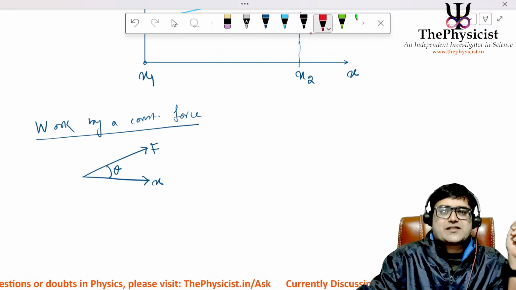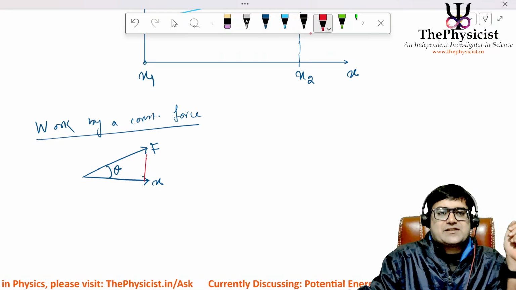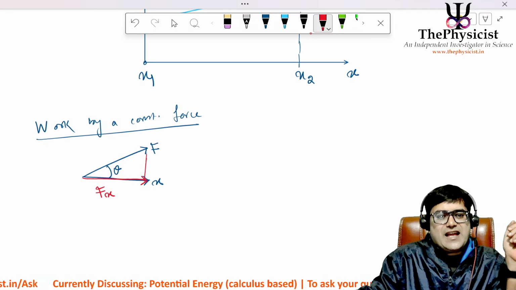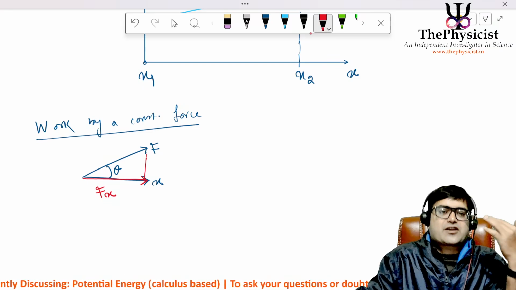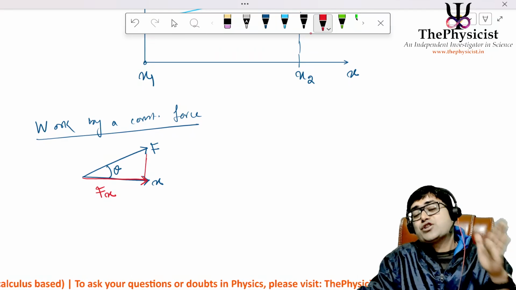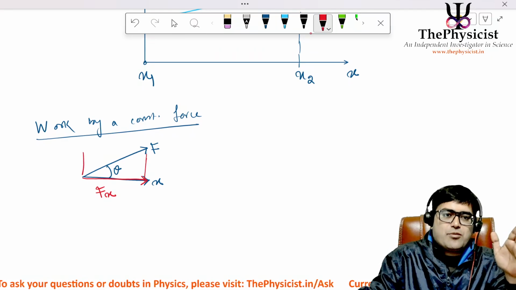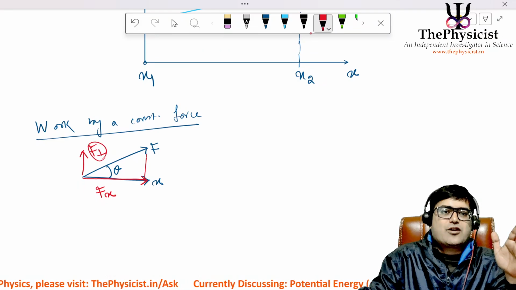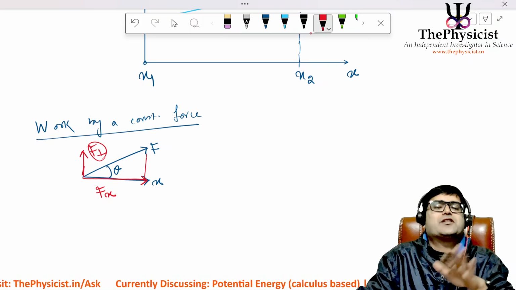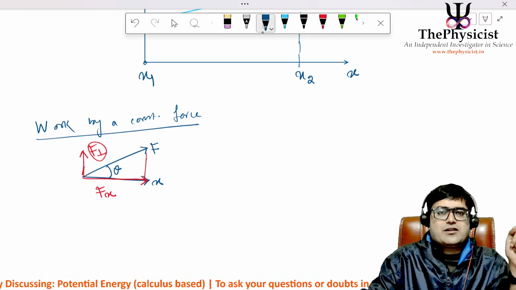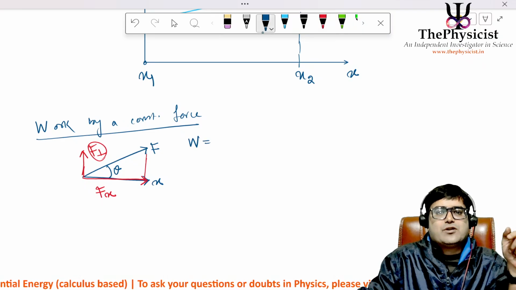The work done by the force is the component of the force along the displacement, which is actually responsible for the displacement. The other, perpendicular component has nothing to do with the displacement and will not be doing any work. So the work done by a constant force W is what?